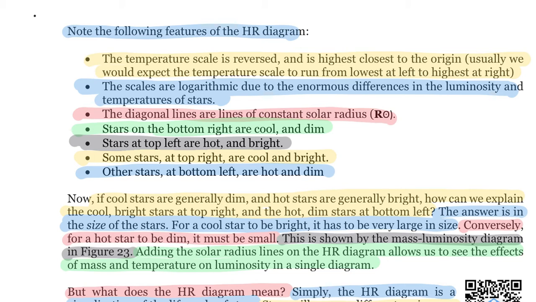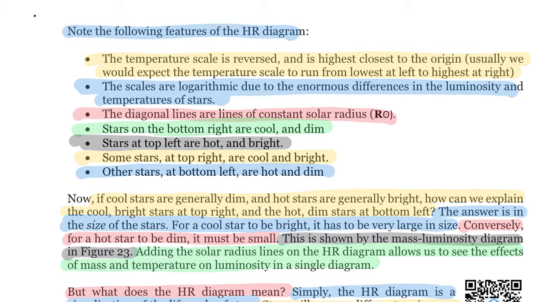Now, if cool stars are generally dim and hot stars are generally bright, then how can we explain the cool bright stars at the top right and the hot dim stars at the bottom left? The answer is in the size of the stars. For a cool star to be bright, it has to be very large in size. Remember, the luminosity relationship was L equals sigma times surface area times T to the power 4.